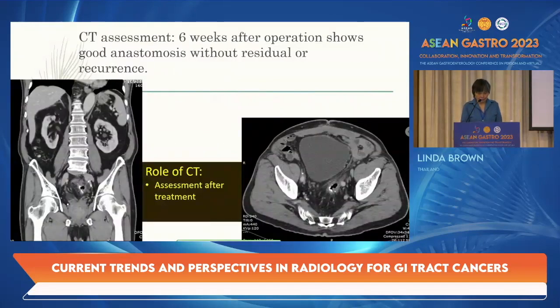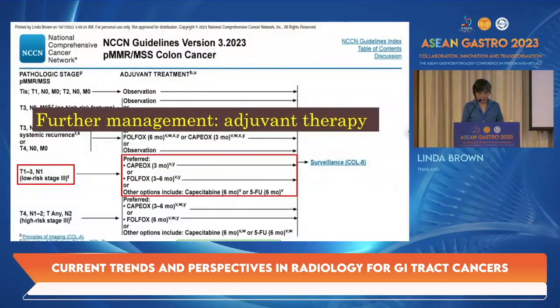And then the surgeon requests CT six weeks after treatment to look at the anastomosis. And you can see here that it's a nice anastomosis without any leakage. So again, role of CT as assessment after treatment. What's next? In this case, further management should be adjuvant therapy because of a T3N1 lesion.